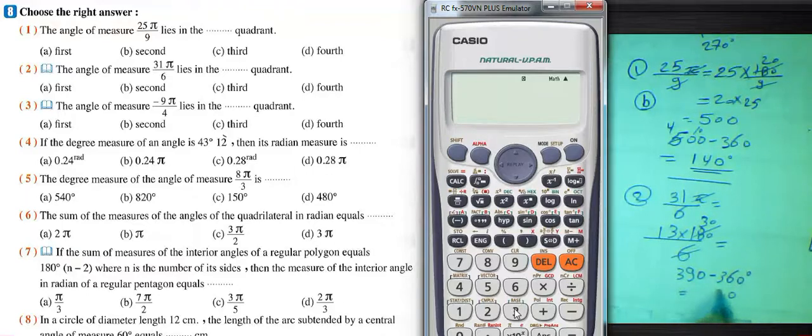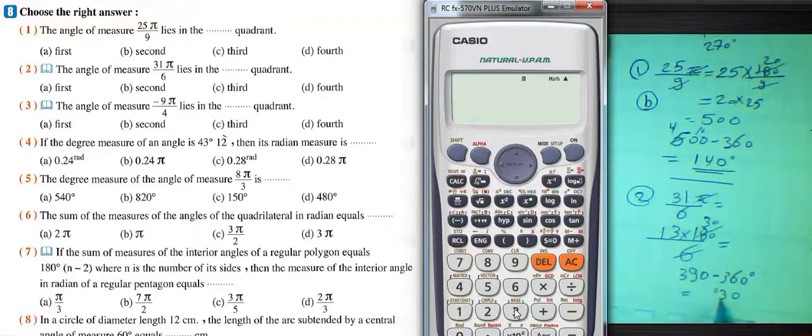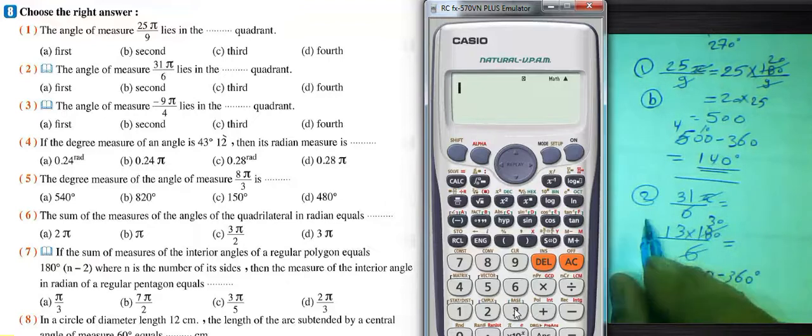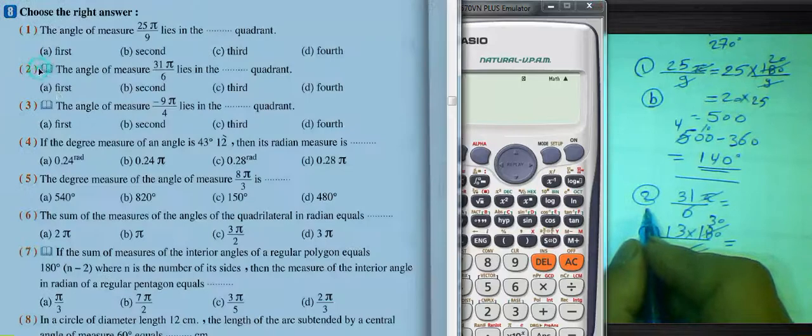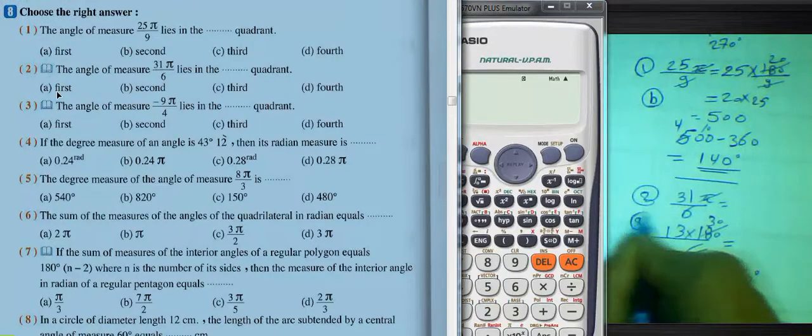The result will be 30 degrees, which lies on the first quadrant. So for question number 2, we choose letter A.